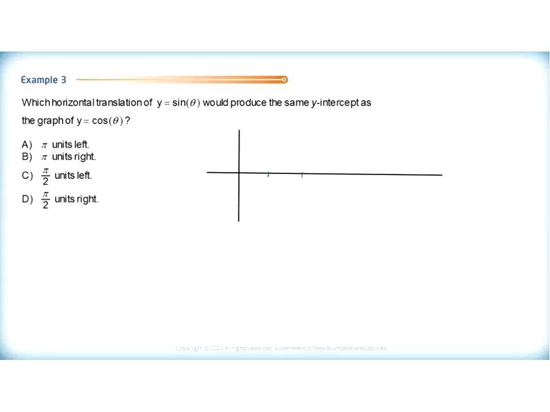I will use increments of 90 degrees, or I have to use radian measure here because our answers are in radians: pi over 2, pi, 3 pi over 2, and 2 pi. The maximum value for sine or cosine is 1, and the minimum value is -1. So the sine graph begins at the origin, (0, 0), and it ends at 2 pi and 0.